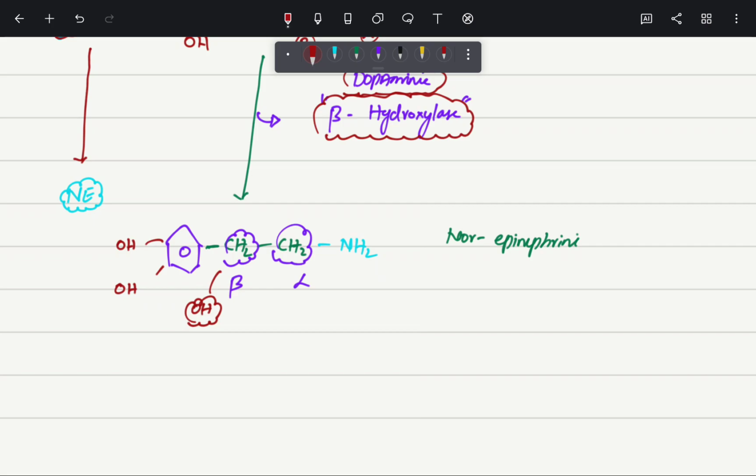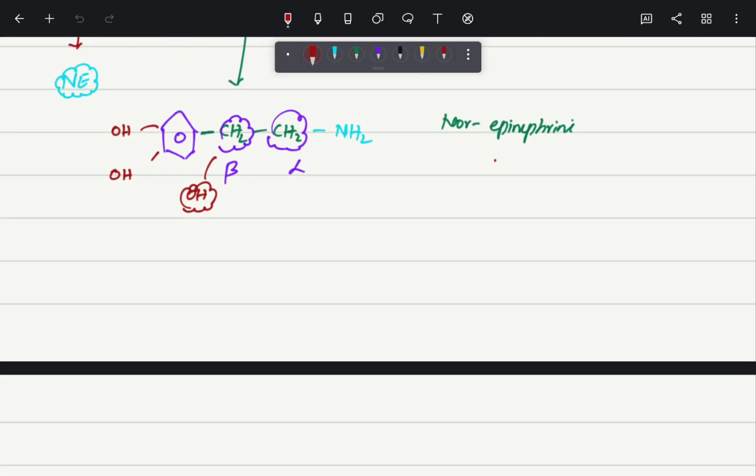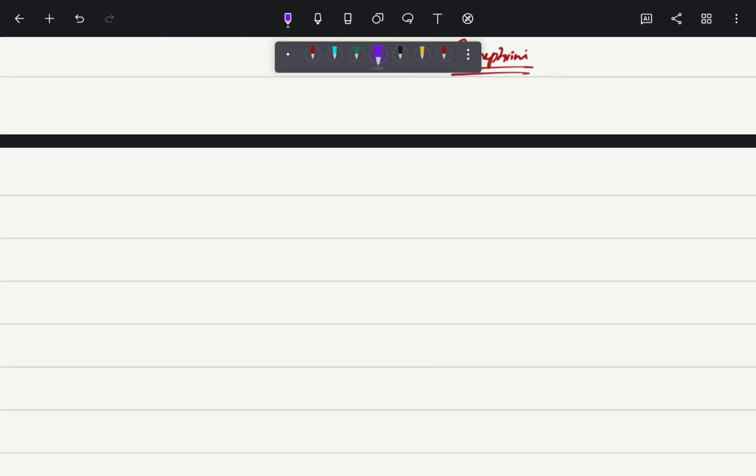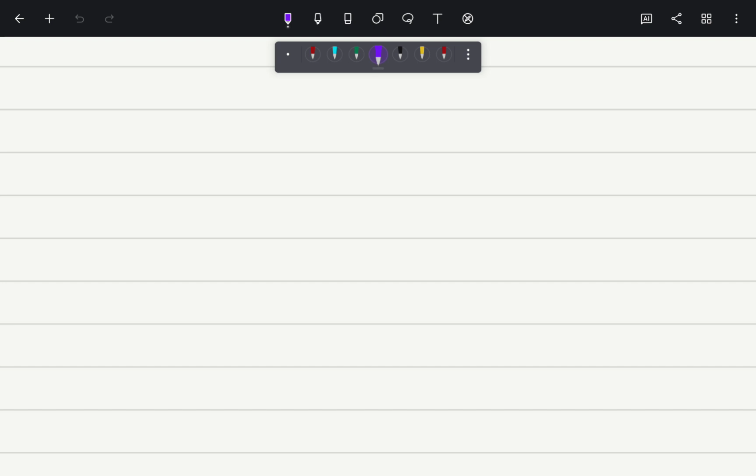So this is the structure of norepinephrine, and eventually this norepinephrine will get converted into epinephrine, and the enzyme responsible here is your phenylethanolamine N-methyltransferase. Don't worry, I will draw the structure of norepinephrine first.